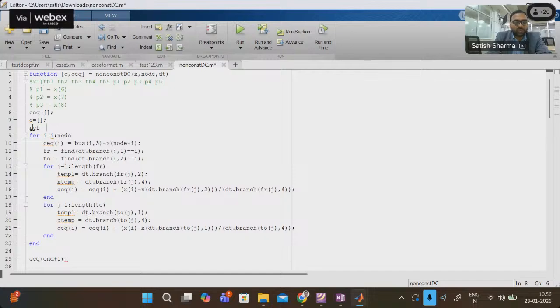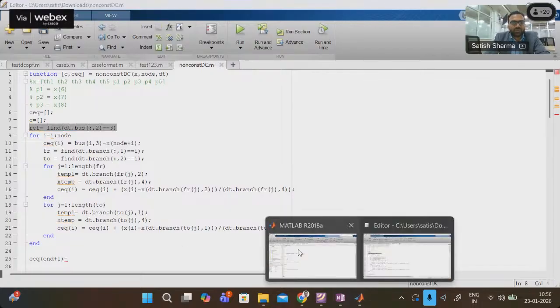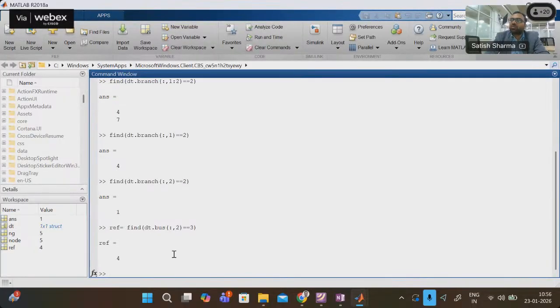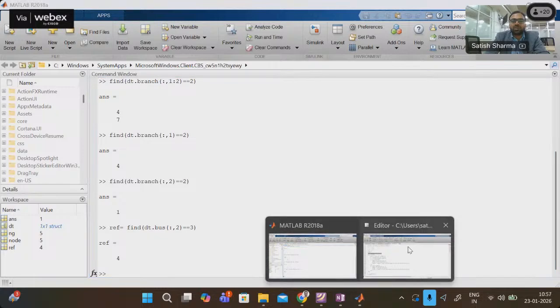Let's say reference equals to find in dt dot bus, where the entire bus type column should be equal to 3, right? So this should give me the reference. Just to verify, for a 5 bus system, this should give me 4, because the fourth bus is our reference bus in this particular problem.